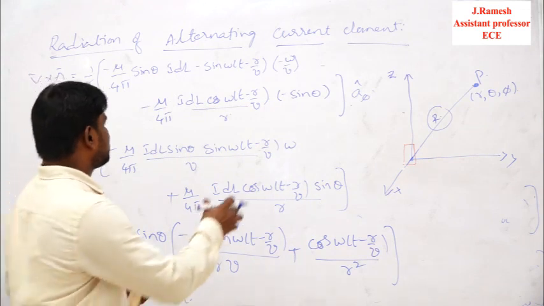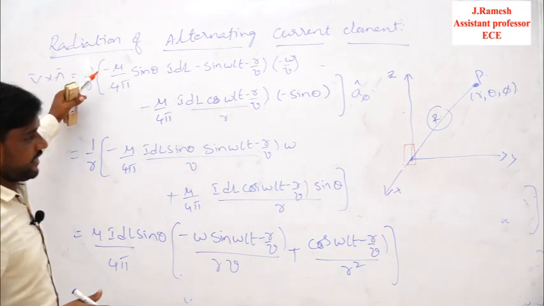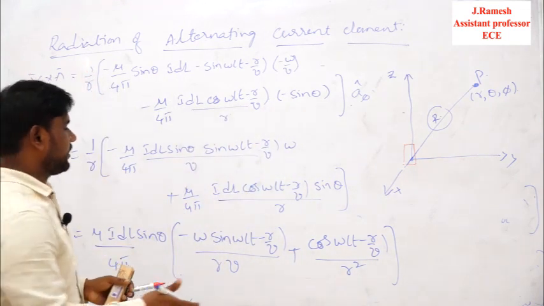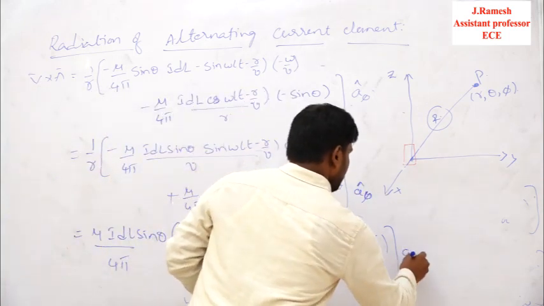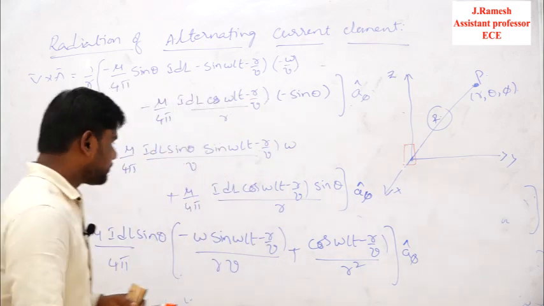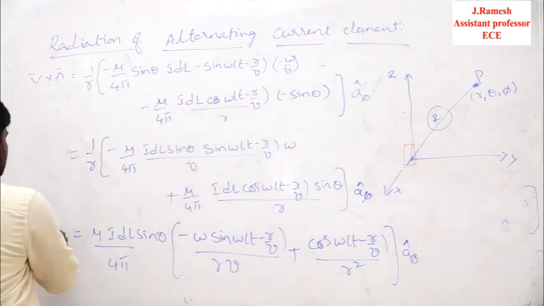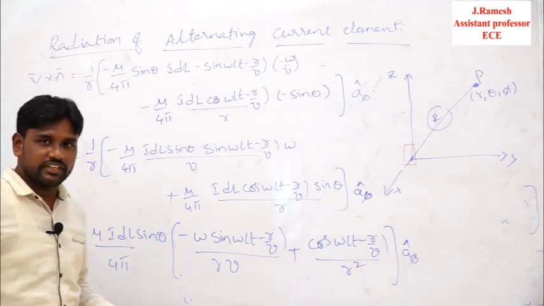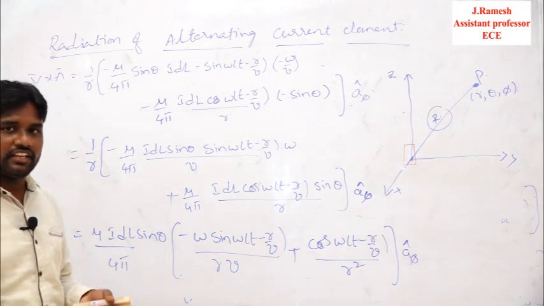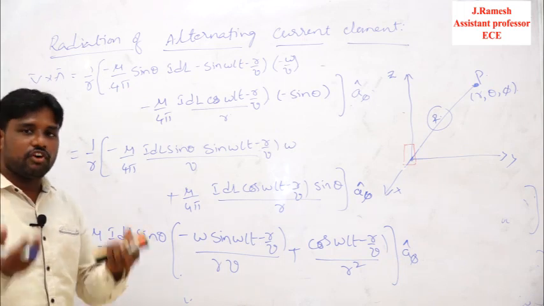So we have this entire del cross A, that means curl of A bar in the direction of a phi cap only, a phi cap. So that means the curl of A is given like this. But from this what we are going to derive is our magnetic field. So what are the magnetic field components?